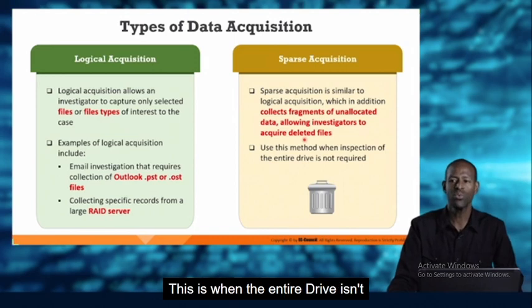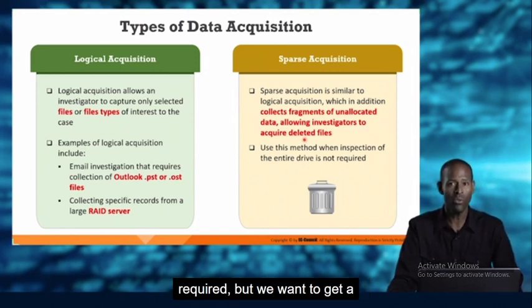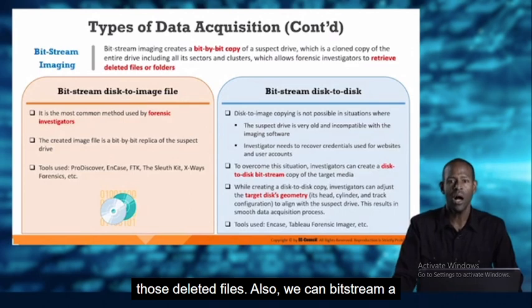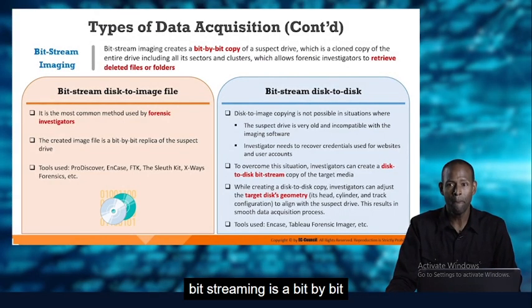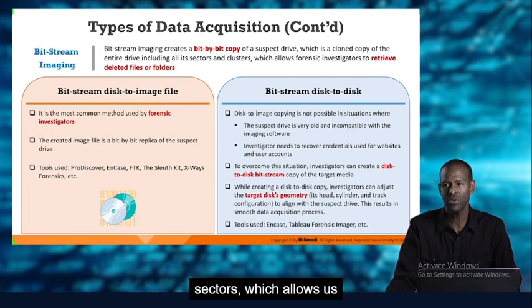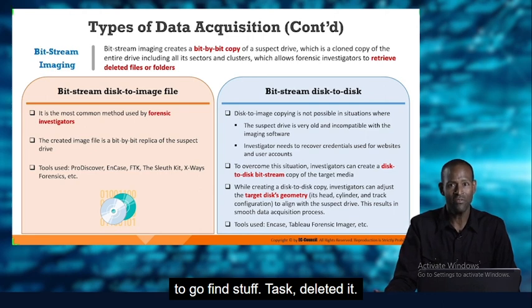And so this is when the entire drive isn't required, but we want to get a look back into some of those deleted files. Also, we can bit stream. Bit streaming is a bit-by-bit copy of the drive. And we clone that entire drive, all clusters, all sectors, which allows us to go find stuff that's deleted.